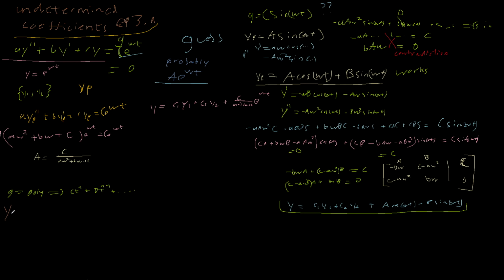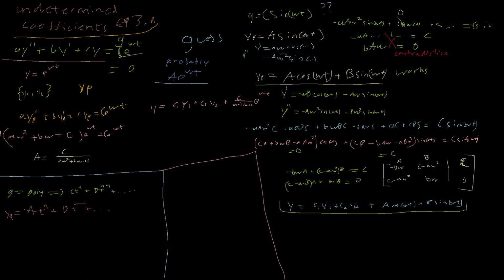Our particular solution is literally just a t to the n plus b t to the n minus 1 plus so on. So we can say yp is equal to some polynomial, and then we just do the exact same process over again. This is a little shortcut we can use to solve these kinds of equations.